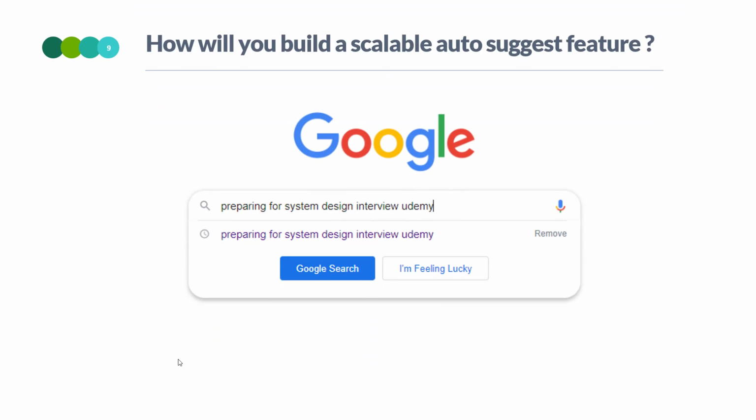Or you can get a question on a particular feature. Up till now, the questions that I showed you were questions about building an entire piece of app. But this question is about building one particular feature. So in this case, the requirement is very specific. So you are being asked to build an auto suggest feature. And scaling comes into picture in this case. So they are showing a Google image here.